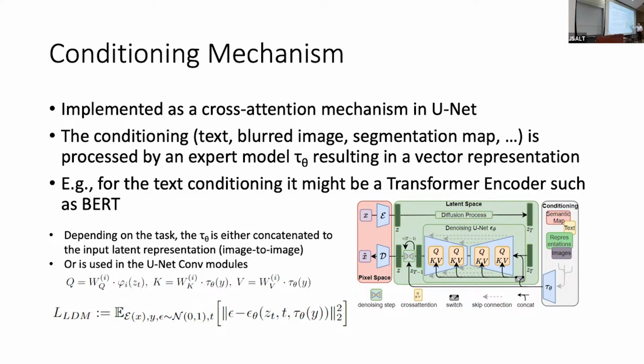So you inject your condition here via, let's say, a cross-attention mechanism, right? So this is the way you do it, and you of course learn the projections into your key, value and query space end to end as you go.